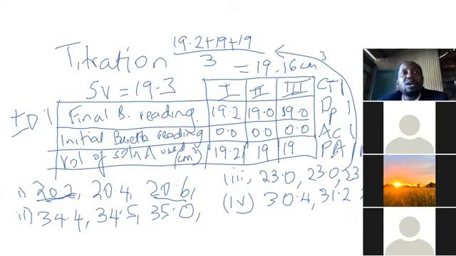The intermediate step may or may not be shown, but it does not earn a mark. For instance, here we could have said 57.2 over 3 in my example. You may or may not show it, but it does not earn a mark.